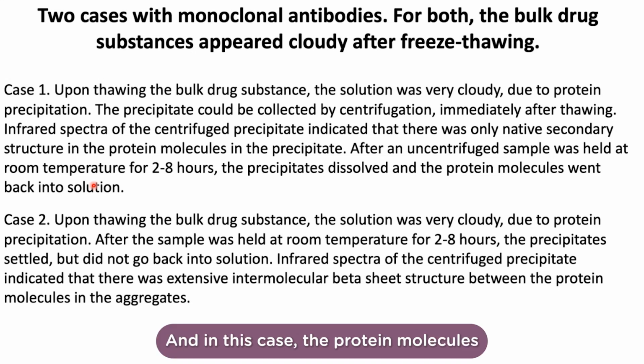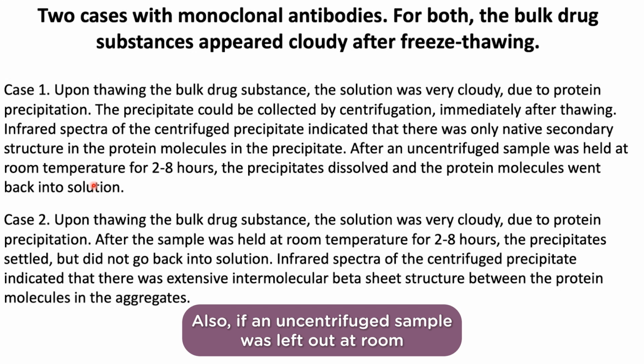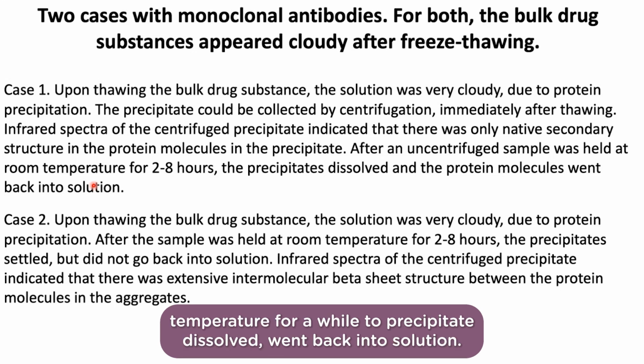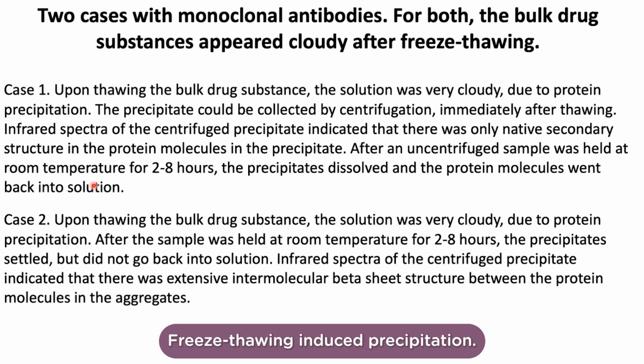And in this case, the protein molecules in the precipitate had fully native structure. Also, if an uncentrifuged sample was left out at room temperature for a while, the precipitate dissolved and went back into solution. So this is a case of reversible freeze-thawing induced precipitation.